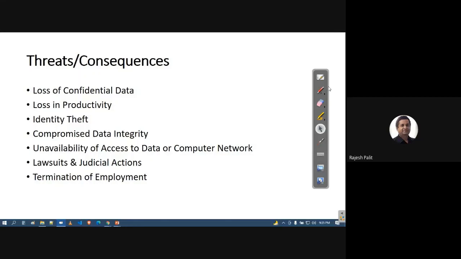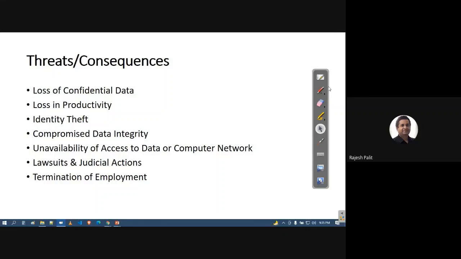And it could be identity theft, it can steal your identity, compromise data integrity, your data may be garbled, changed, modified, or there may be unavailability of access to data or computer networks.